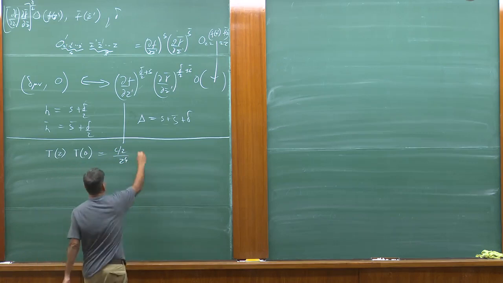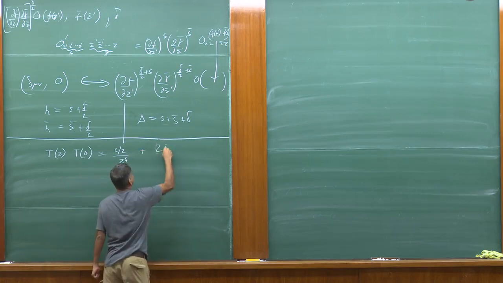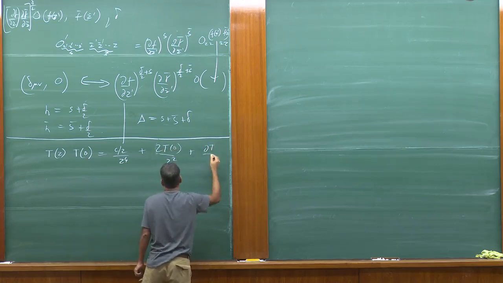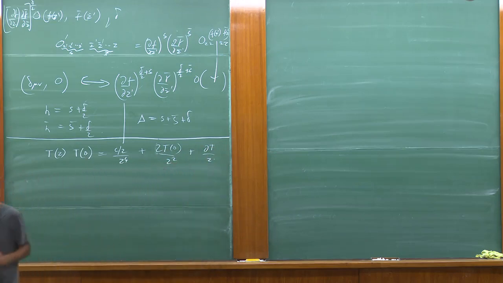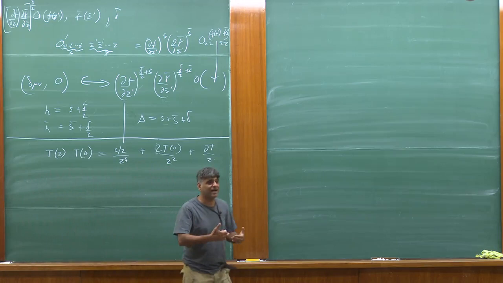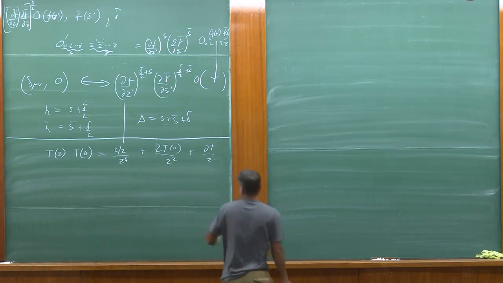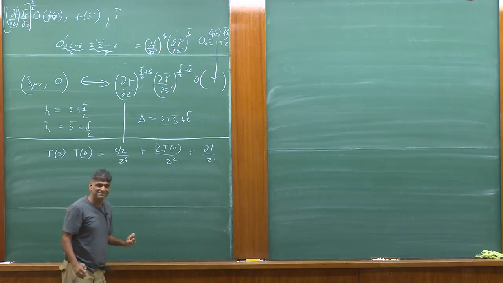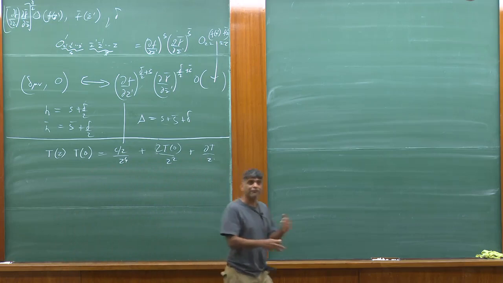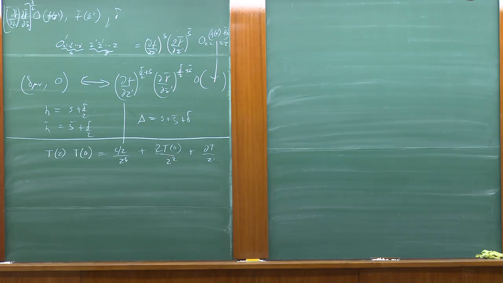Yes, C by 2 by Z to the 4 plus 2T of 0 by Z squared plus del T by Z. And as we discussed in the last class, these terms capture the transformation of the stress tensor under a translation or a scaling of Z, okay, with weight 2. These are perfectly easy to understand terms. They come from the tensorial transformation properties of T with, as we've just explained, assuming that T does not have any Weyl transformation.